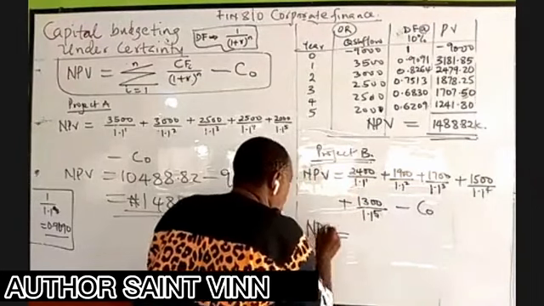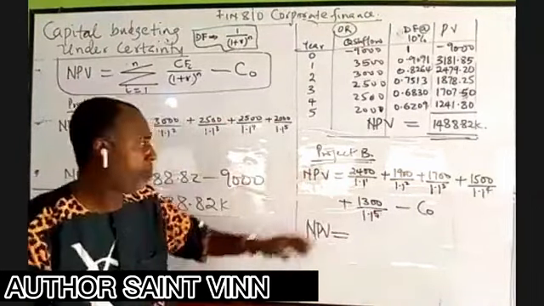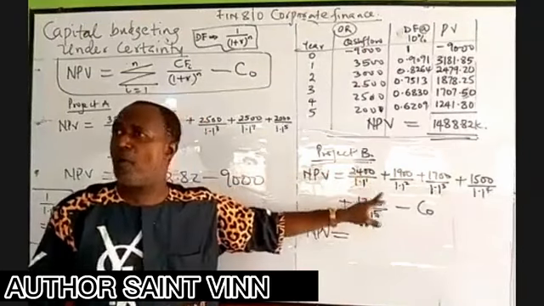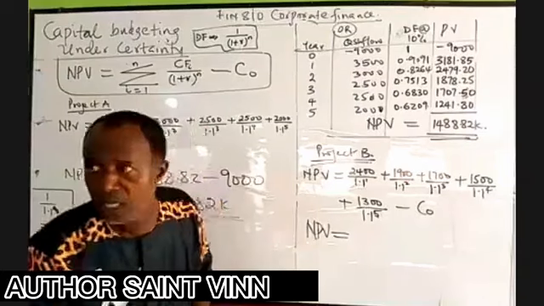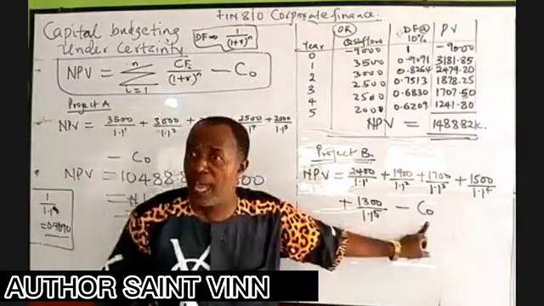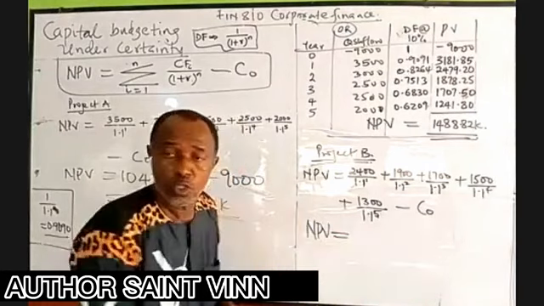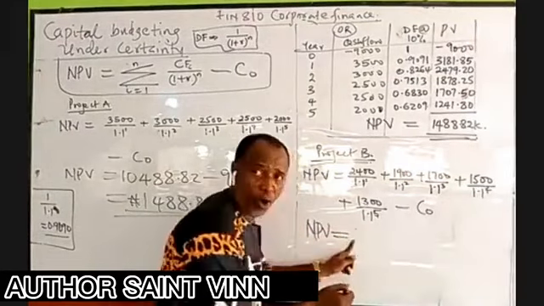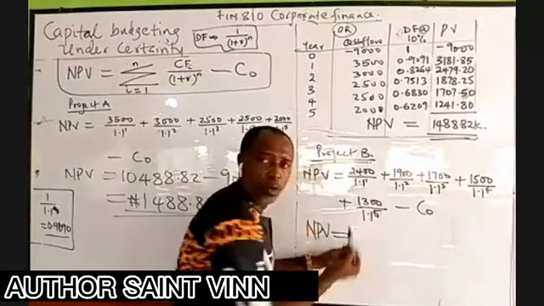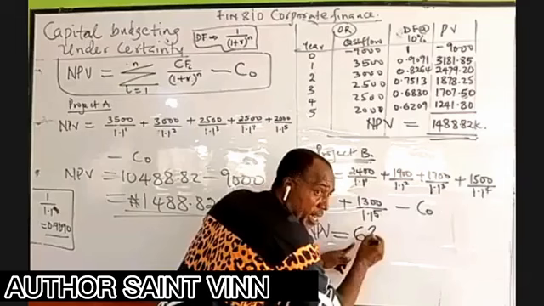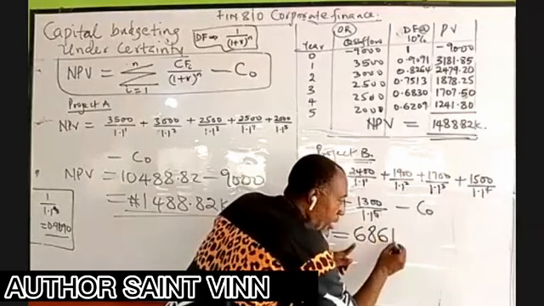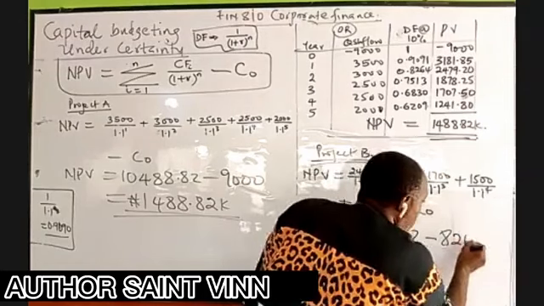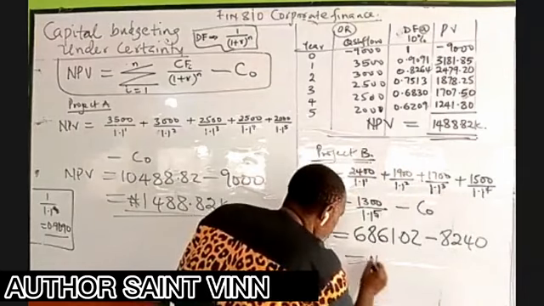Somebody help us with your calculator, as we taught you the other time. This over this, you press the 1379. You have gotten it? 1379 minus 8,000. Total is what? Total from here to here. What's the result? 6861.02 minus 8240. So what's the result now?